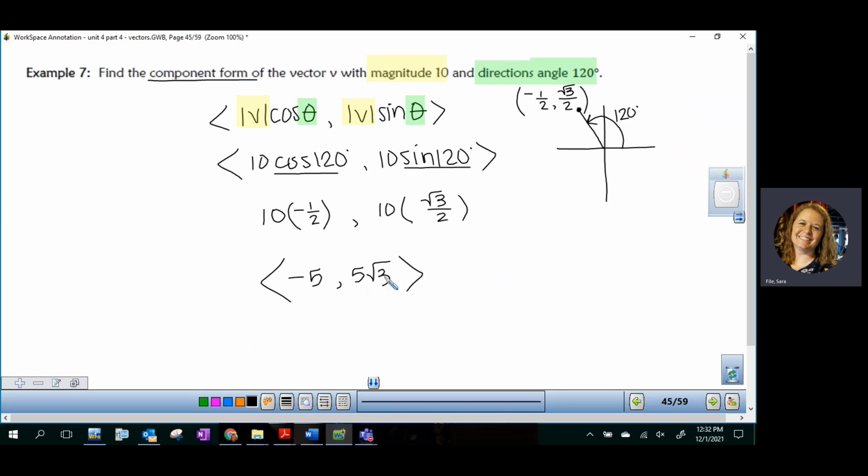You can kind of work backward from your answer choices. If you absolutely cannot remember your unit circle values, you have to use the calculator to get a decimal, get all of your answer choices as decimals and compare. Okay? All right.